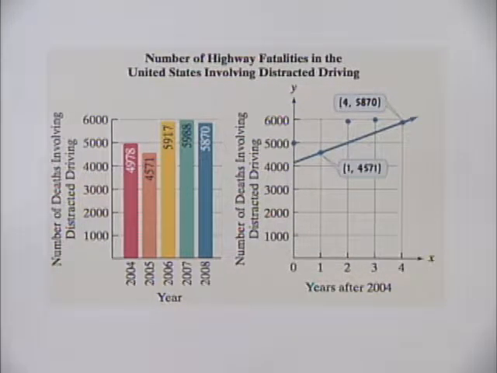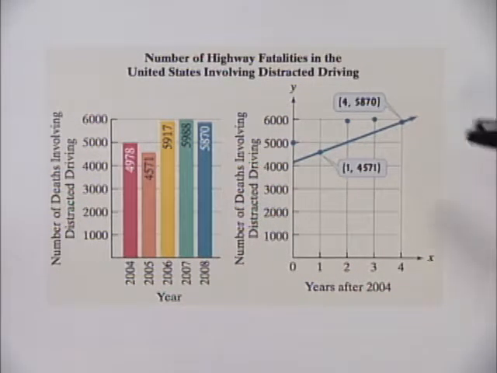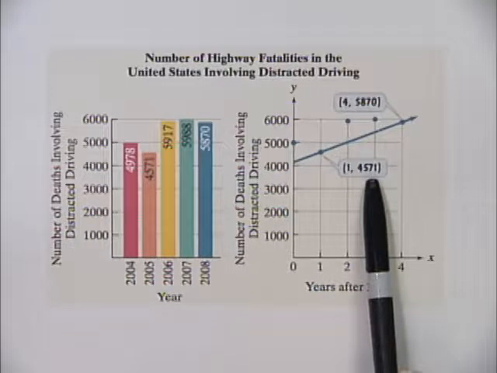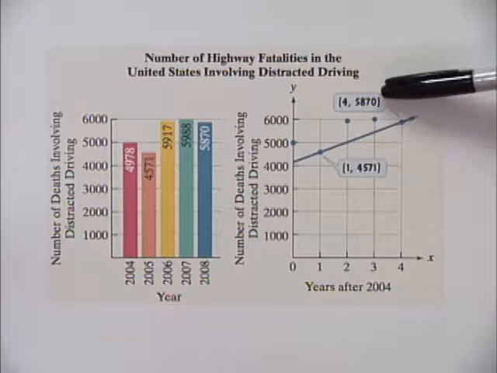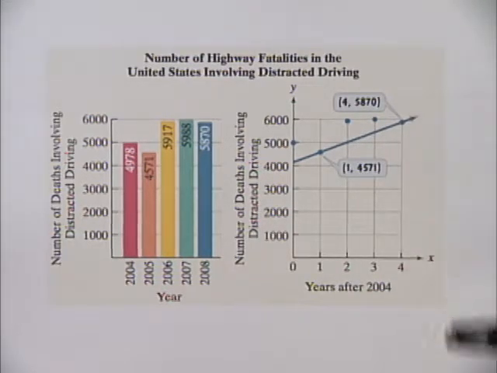Here we see a line graph, and I want to point out the point (1, 4,571) and the point (4, 5,870). We're going to use those 2 points later in the problem.